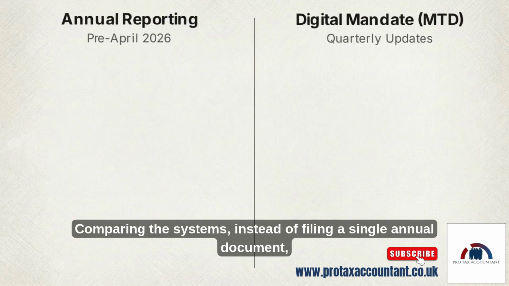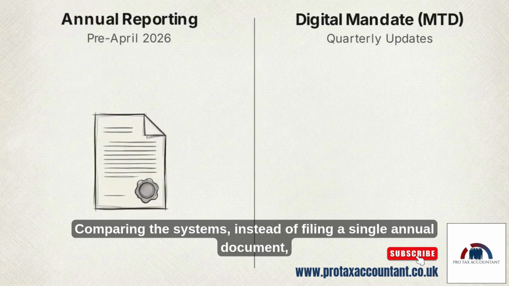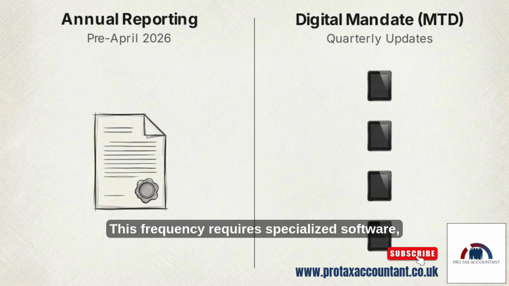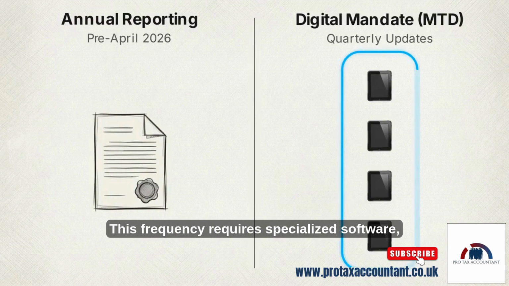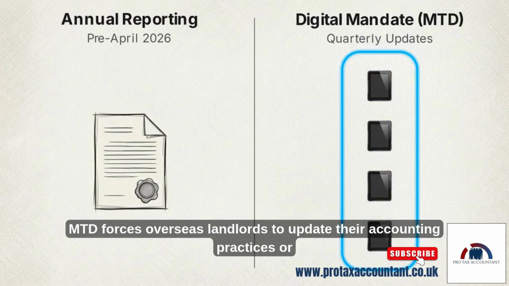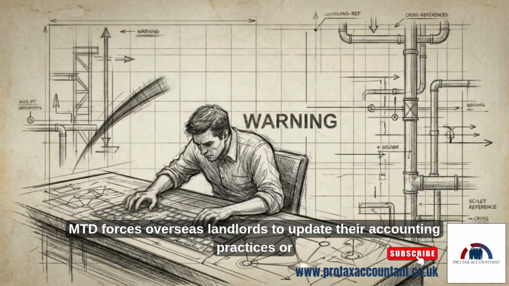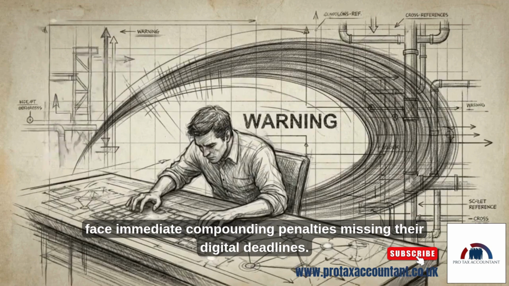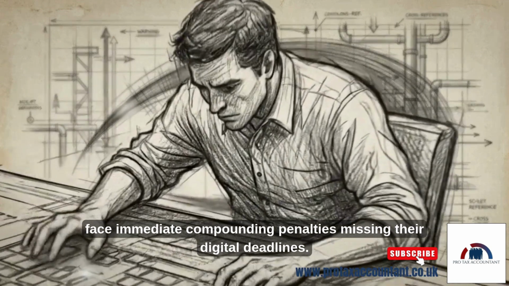Comparing the systems, instead of filing a single annual document, you will provide 4 digital updates to HMRC every year. This frequency requires specialized software, but the government intends this real-time visibility to reduce end-of-year tax errors. MTD forces overseas landlords to update their accounting practices or face immediate, compounding penalties for missing their digital deadlines.